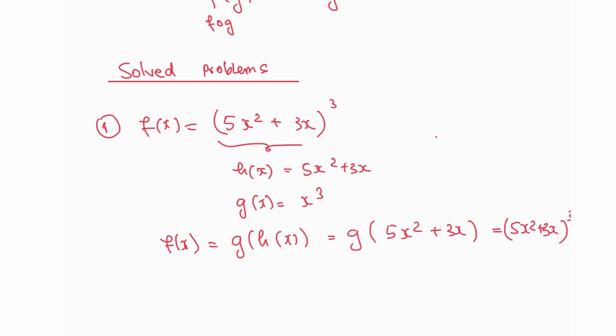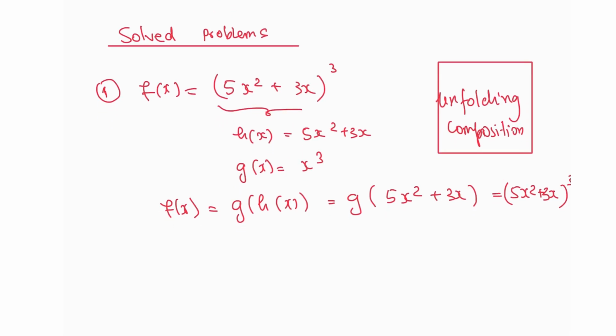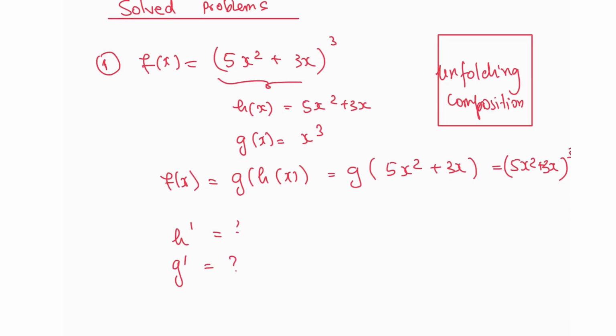So I'm purposely doing this, unfolding the composition. And how do we find the derivative? Well, we can just say, okay, let's find h prime, and we find g prime, and then we multiply them.